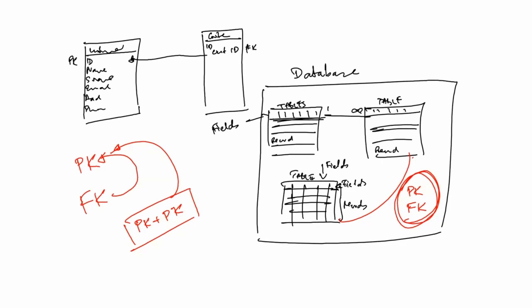Okay, so quick quiz now. How many databases does a system or an app have? One. Very good. So your app sits in your folder, and it has one database.